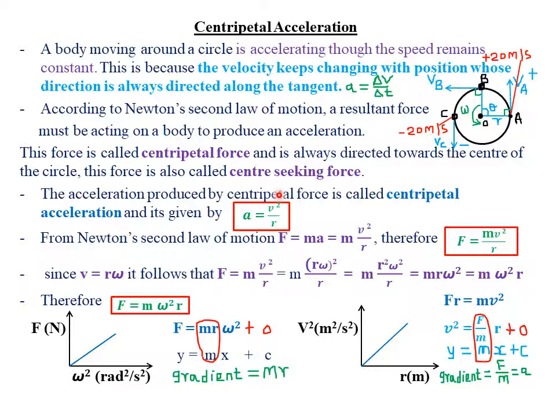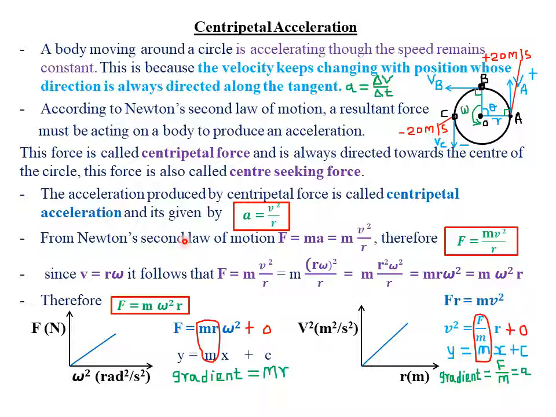Then the acceleration produced by centripetal force, we call the centripetal acceleration, and it is given by the formula a equals v squared over r. From Newton's second law of motion, which we covered when looking at Newton's laws of motion in this channel, you can just refer to that topic.